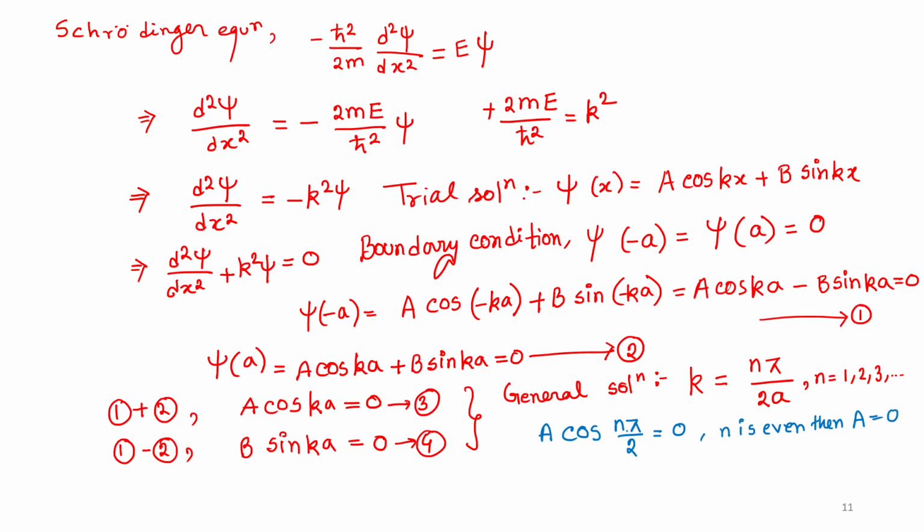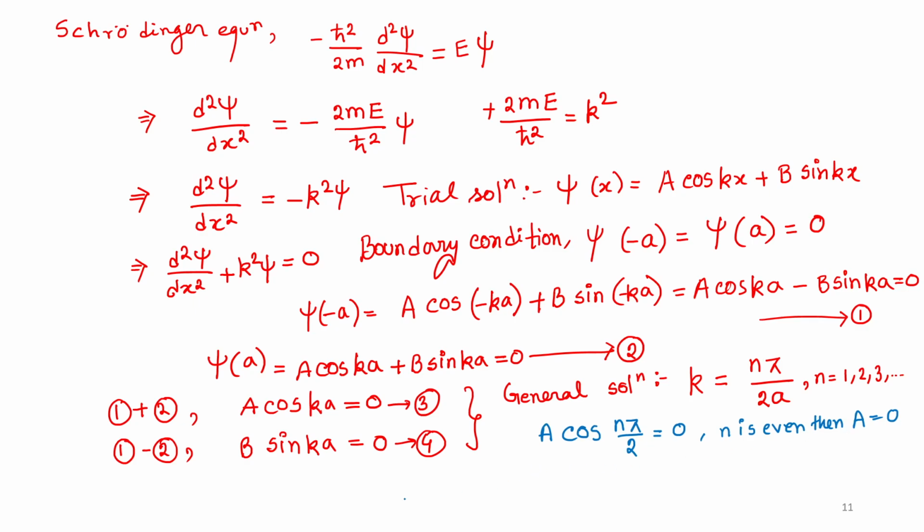When n is even, meaning n is 2, 4, 6, your cos becomes cos pi, cos 2 pi, cos 4 pi, like this. So that cos function is not 0, but the overall expression has to be 0, so then A will be 0.